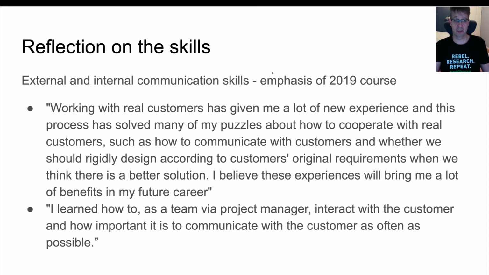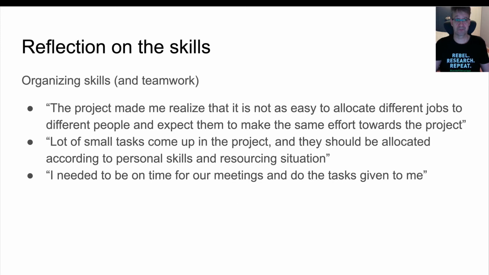How to communicate, when to communicate, and how to take their needs into account. And also, partly internally, how they should discuss in order to cope with the requirements of the customers.